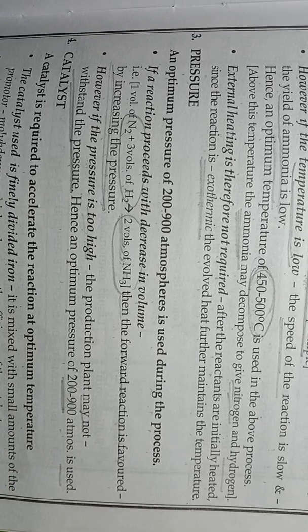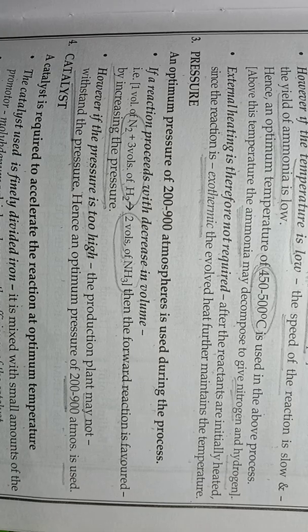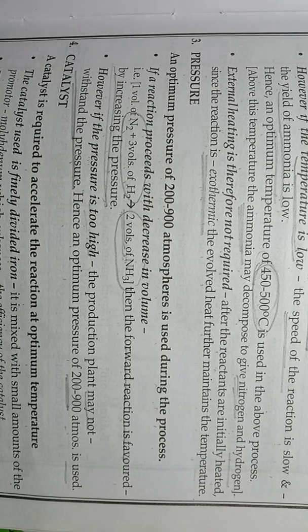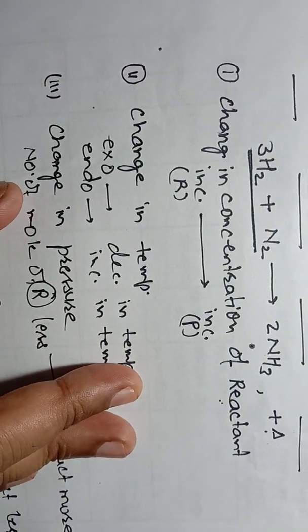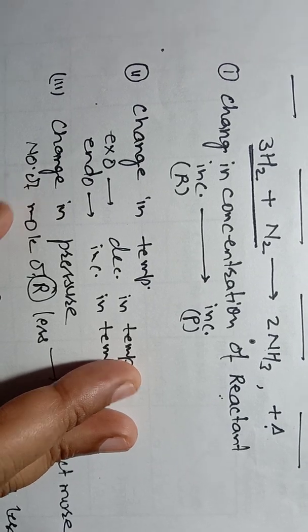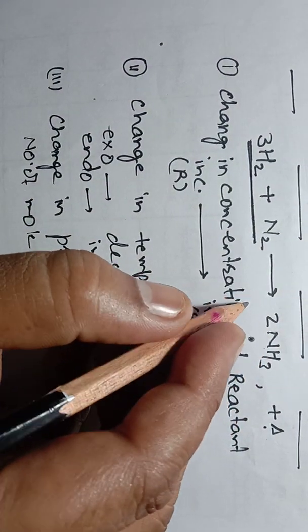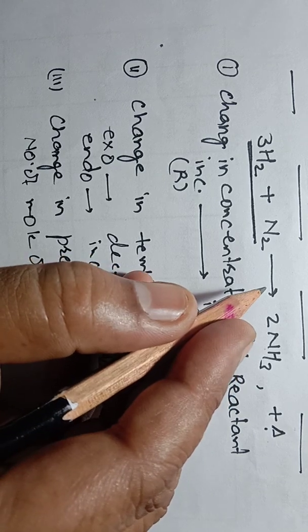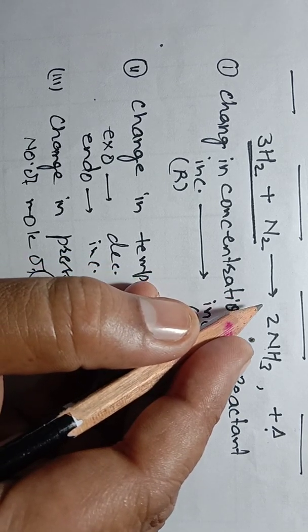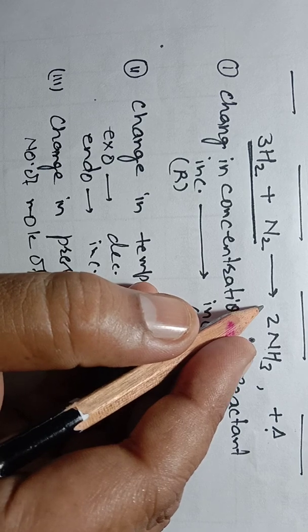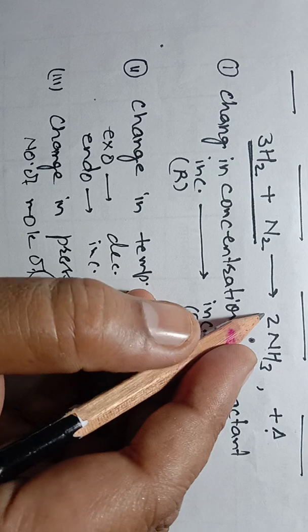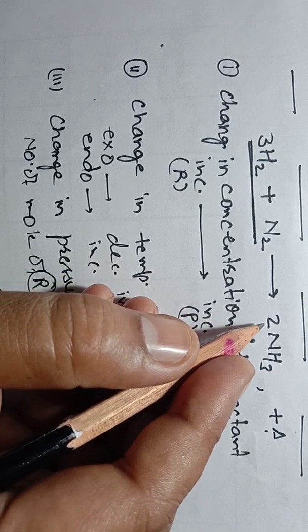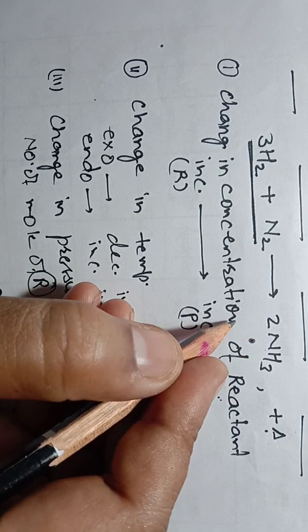Okay students, before moving further, I would like to explain Le Chatelier's principle in a very short manner. As I told you, Le Chatelier has given some rules, some points on the basis of which we can discuss favorable conditions to obtain more product in a particular chemical change.